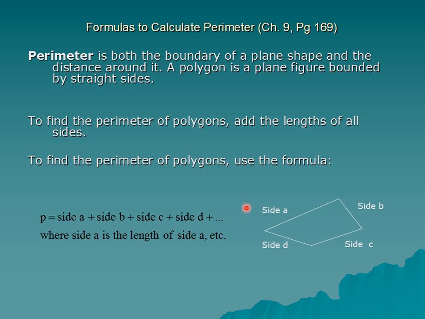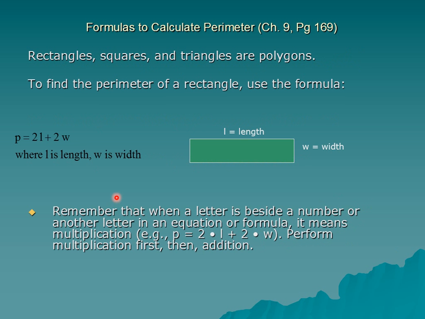For example, it has 4 sides. If you just add the length of each side, that will basically give you the perimeter. Similarly, all the regular shaped objects like rectangles, squares, triangles are sort of polygons, so we can use the same formula to calculate it.